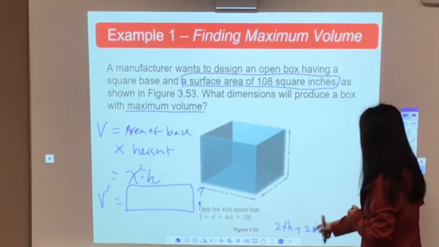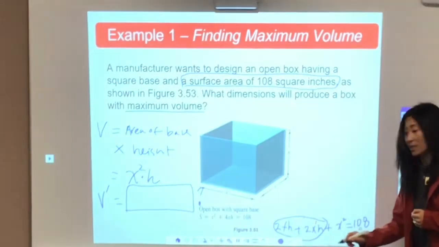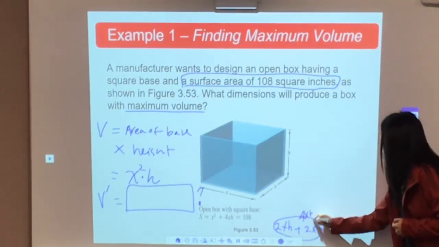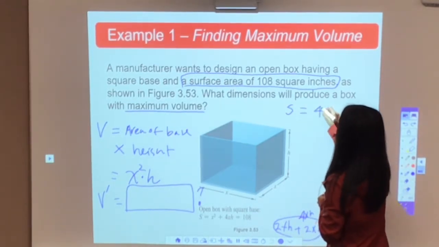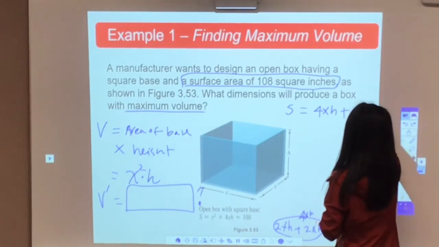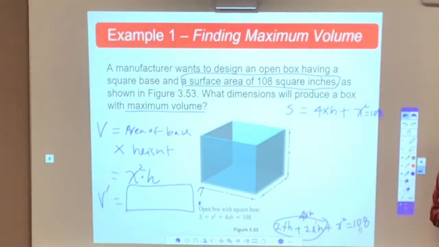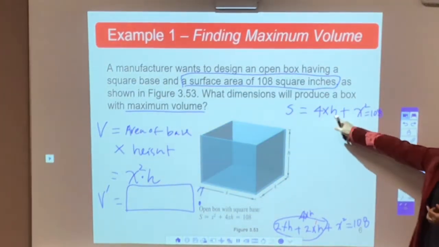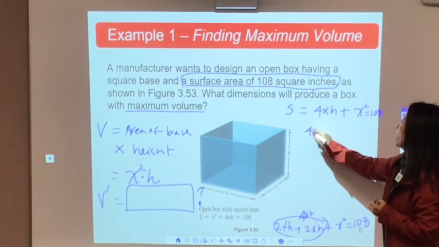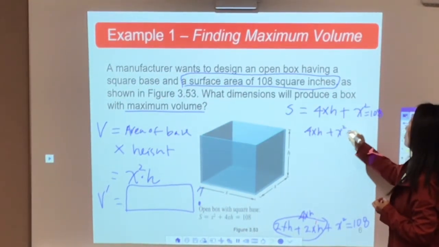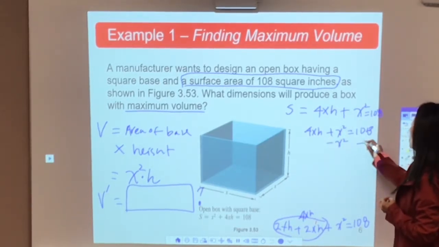So can I combine these two together? That's equal to 4xh. So I know my surface area is 4xh plus x squared, equal to 108. I want to solve this for h. So I have 4xh plus x squared equal to 108, and subtract x squared because I don't want x squared.